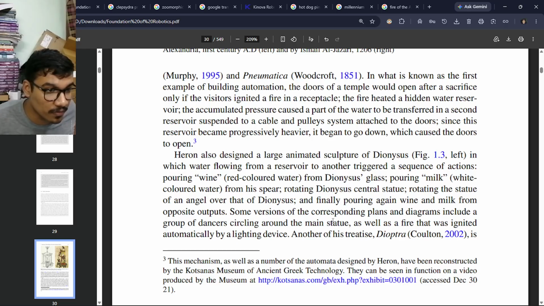Some versions of the corresponding plans and diagrams include a group of dancers circling around the main stage, as well as a fire that was ignited automatically by a lighting device.